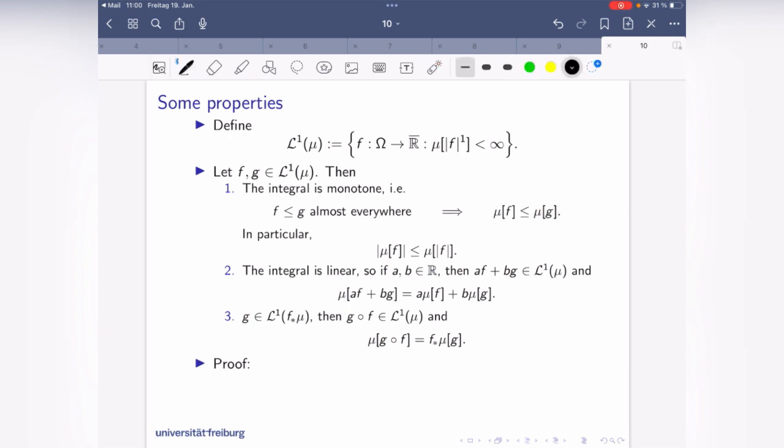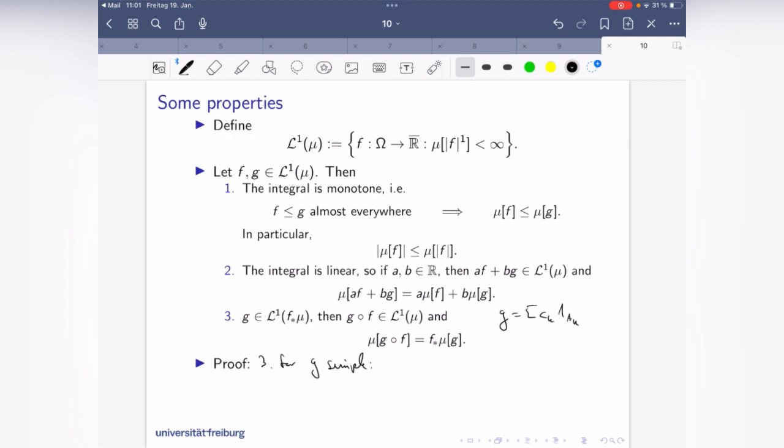Let's prove it for g simple. Yeah, for g simple, g equals the sum over ck indicator of Ak.